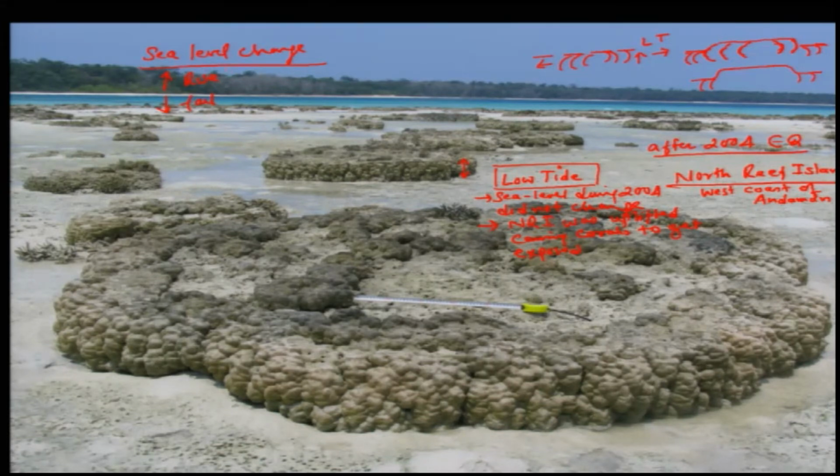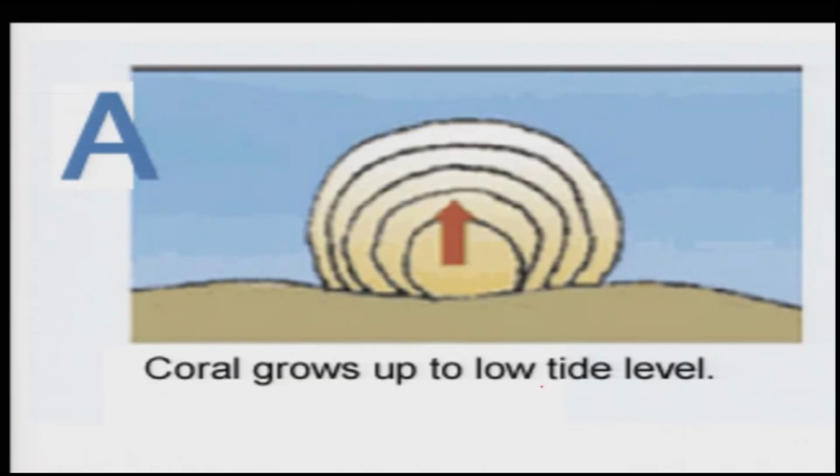Now, if it is climatic, then it will be gradual, but if it is tectonic, then during tectonic activity the sea level never falls, but it is because of the land level change.